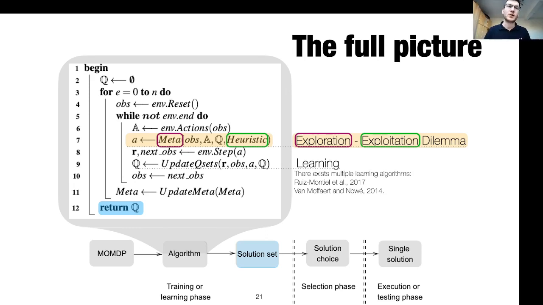Once we perform the action, we receive the reward vector and the next observation, line 8. Using the Q sets, we apply the learning algorithm. We have multiple existing learning algorithms at the moment, so we can choose. Finally, we update the state, and finally, we return the Q sets.